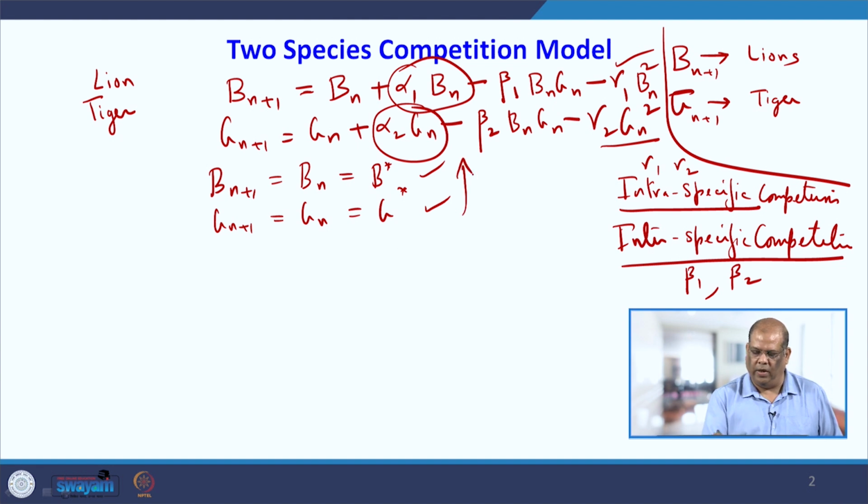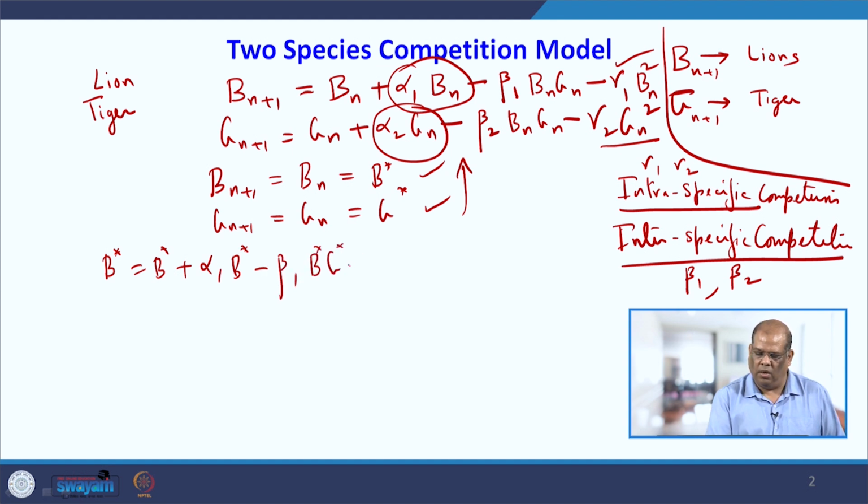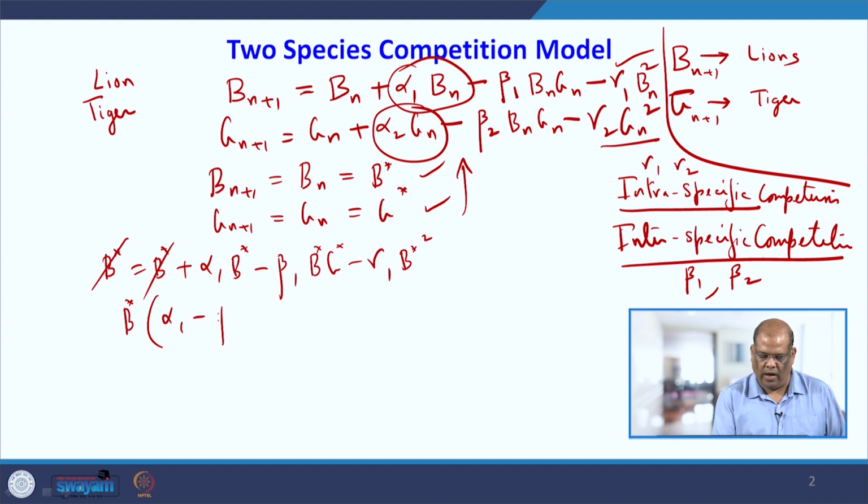You substitute them here and you get B star equal to B star plus alpha 1 B star minus beta 1 B star G star minus gamma 1 B star square. These two cancel. I take B star common and I get B star times alpha 1 minus beta 1 G star minus gamma 1 B star equal to 0.